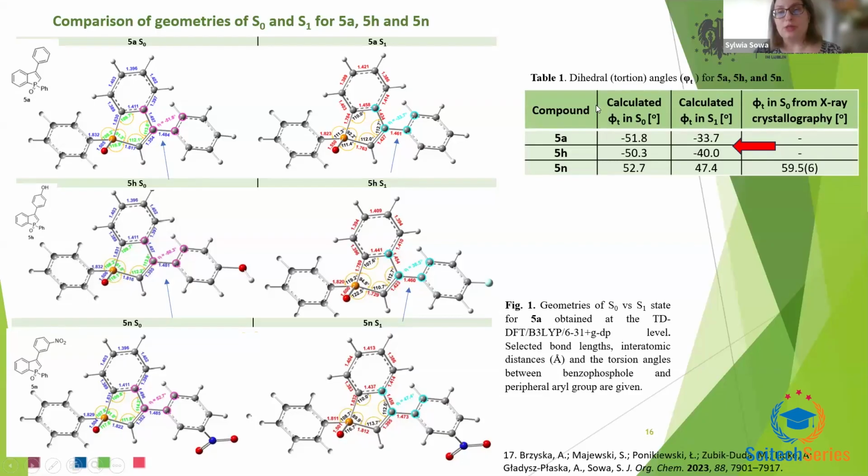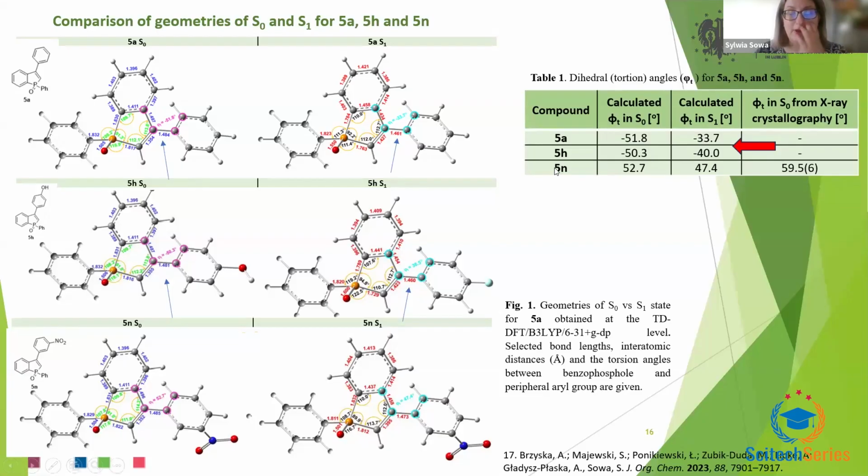When we go from the ground state to the excited state, this aryl ring becomes more planar, not completely, but more planar, and this indicates increased conjugation in the excited state.